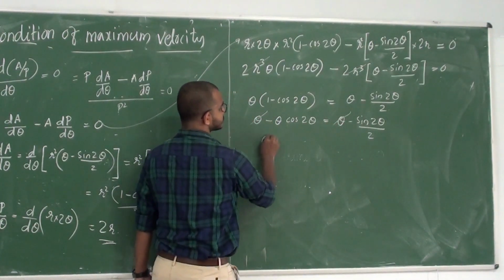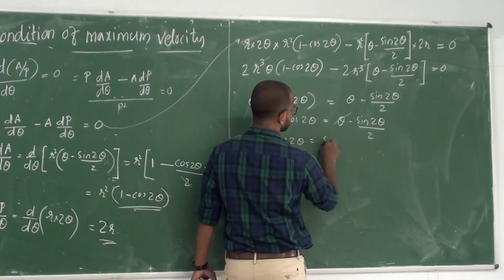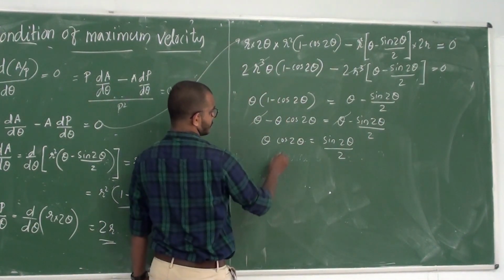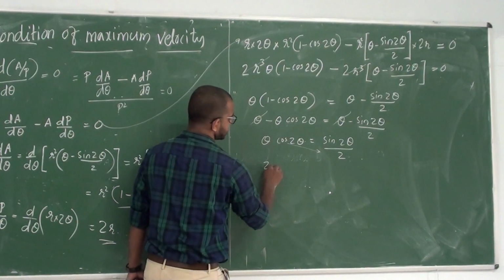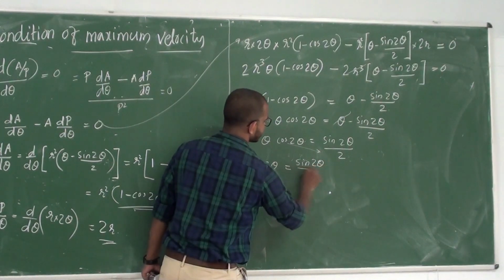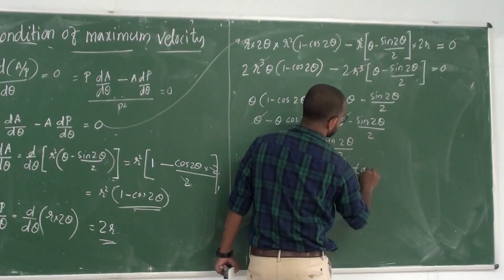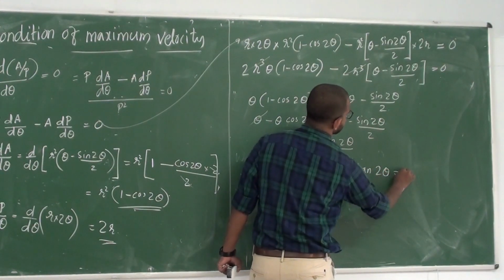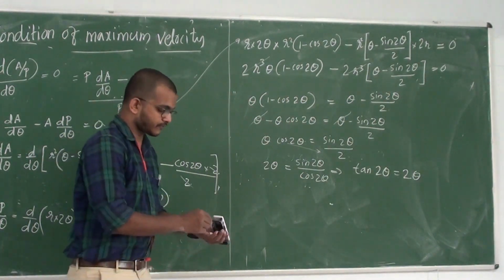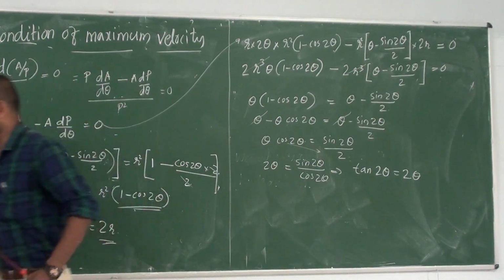So theta cos 2 theta equals sine 2 theta by 2, or 2 theta is equal to sine 2 theta by cos 2 theta, that implies tan 2 theta equal to 2 theta. So the condition for maximum velocity is tan 2 theta equal to 2 theta.